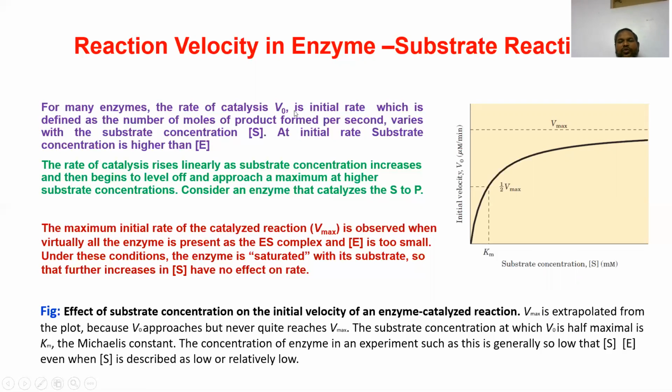V0 is the initial rate, which you can define as the number of moles of product formed per second, and it varies with the substrate concentration. At the initial rate, the substrate concentration is higher than the enzyme concentration.